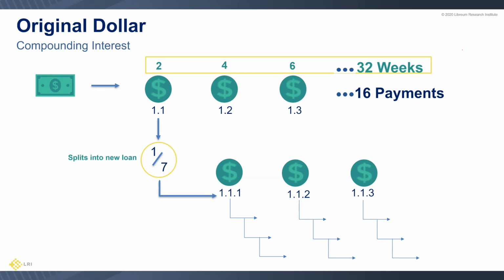So if you think about how many different units are in play from that starting bucket of capital, say that this starts out with $100 worth of loans, then you have roughly, call it $13 to $14 at the end of 2 weeks.